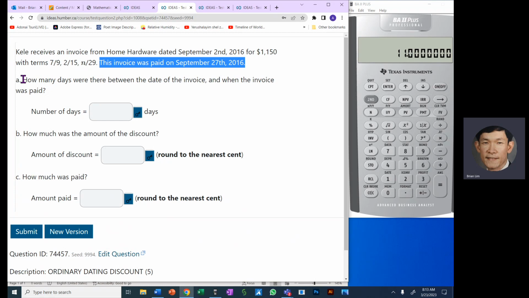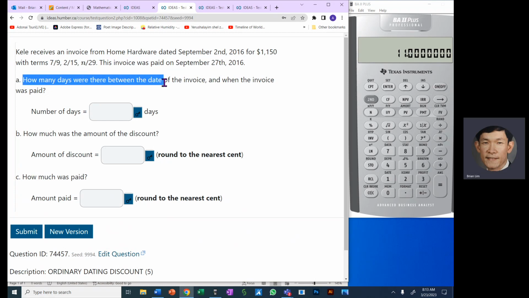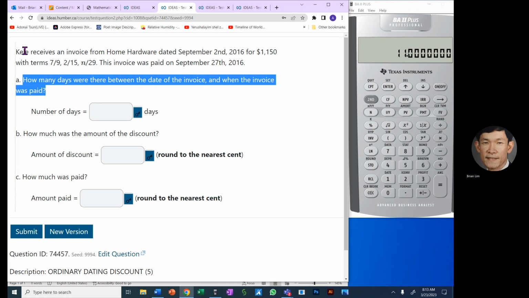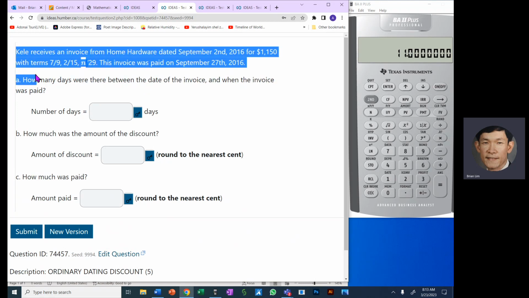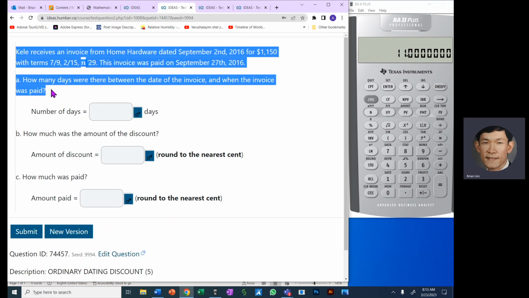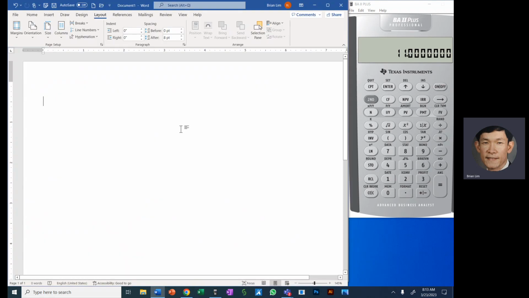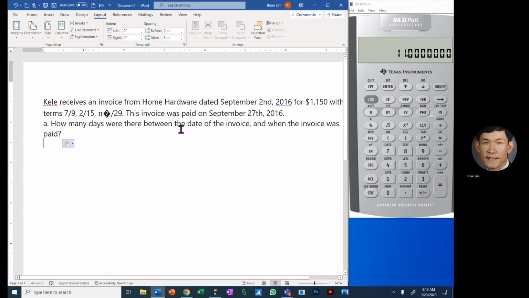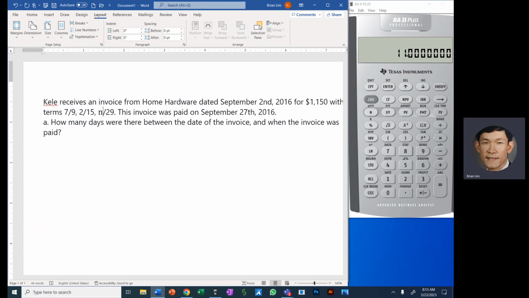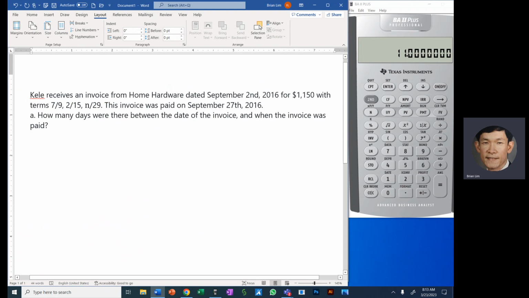Right, so how many days were there between the date of the invoice and when the invoice was paid? Okay, so maybe it would be best for us to just copy this and place it into a Word document. And there we are. I think we have it all there.